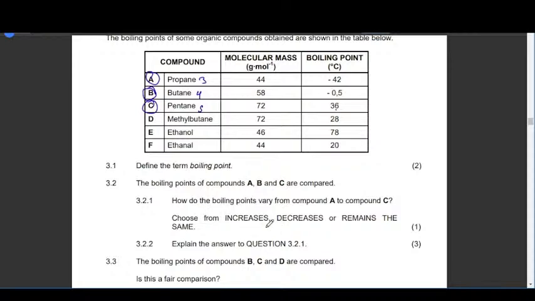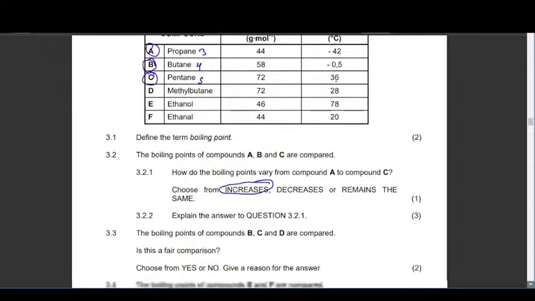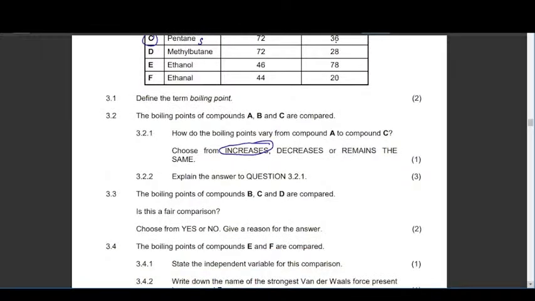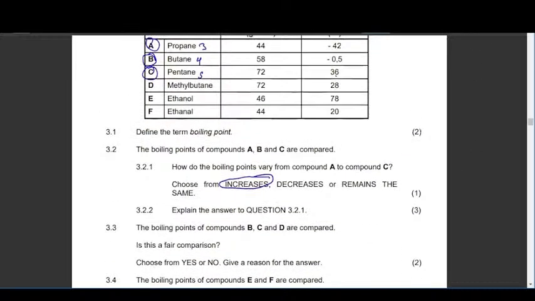We have seen it. Choose increase, decrease, so we have said it increases. Explain your answer. You have given the answer there already, that it increases because of the increase in the number of carbon atoms, and then it increases the intermolecular forces of attraction. This will require more heat to break these forces, hence the boiling point increases.